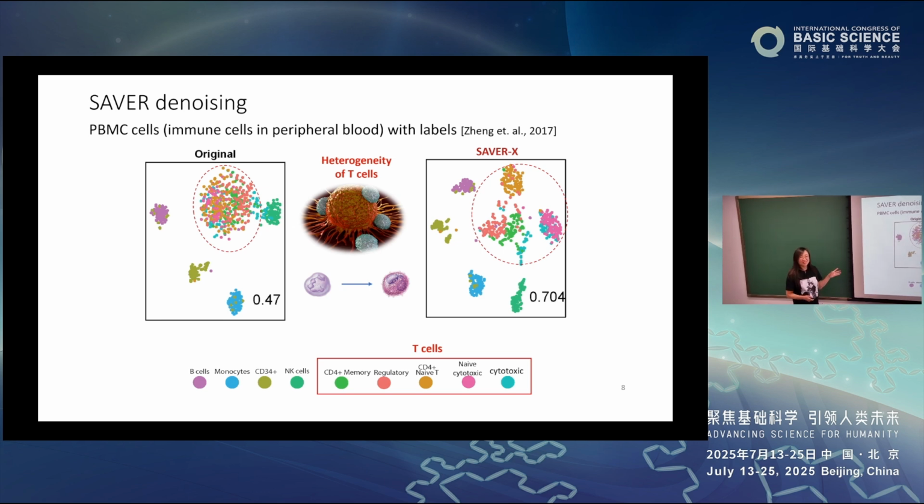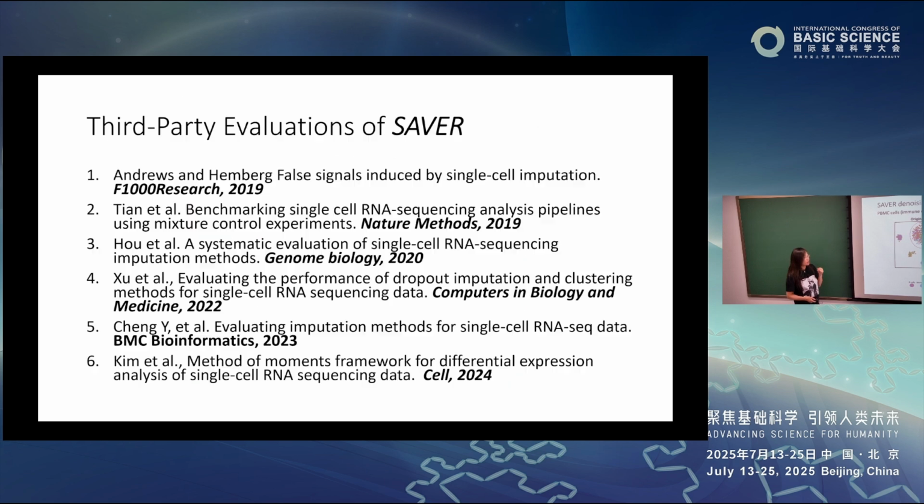So this work is old. It's 7 years ago. But it's still relevant because there has been a lot of benchmarking papers and review papers in the field, which I'm listing here. There are many other denoising methods, which I don't have time to talk about. They try to benchmark them. If you look at all of these papers, they have their recommended method, and SAVER was one of their recommended methods.